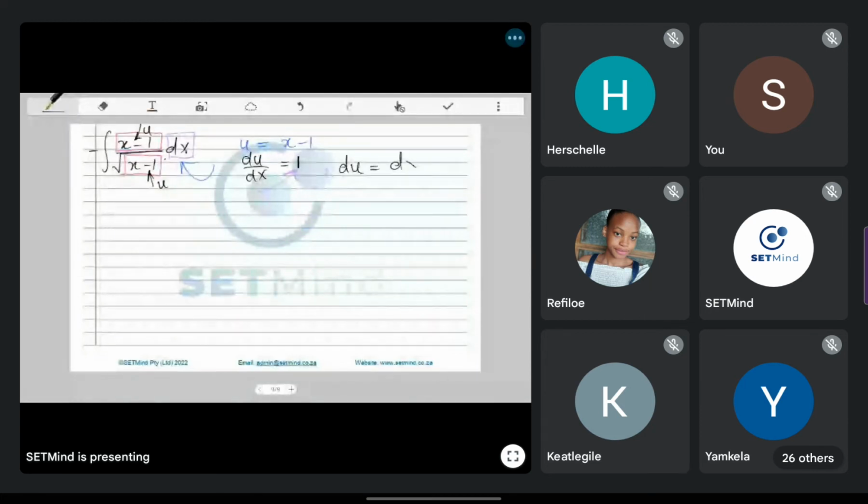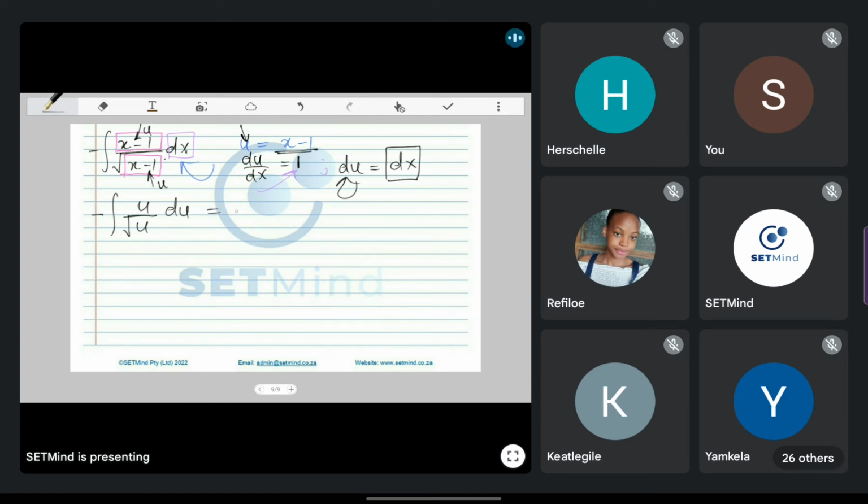Meaning wherever I see dx, I can now put du, and where I see x minus 1, I can now put u. So if we do such, on the denominator we'll have u, on the numerator u, and then you'll have du.